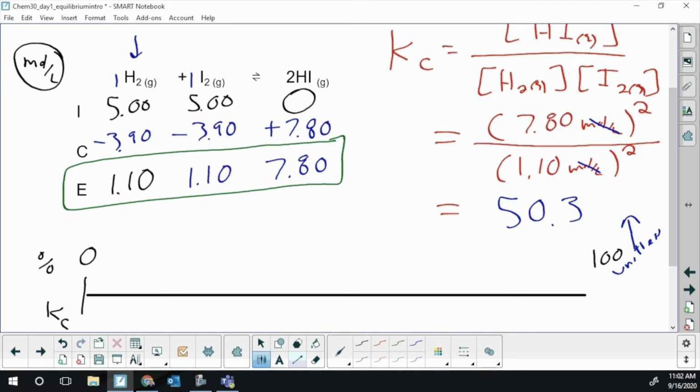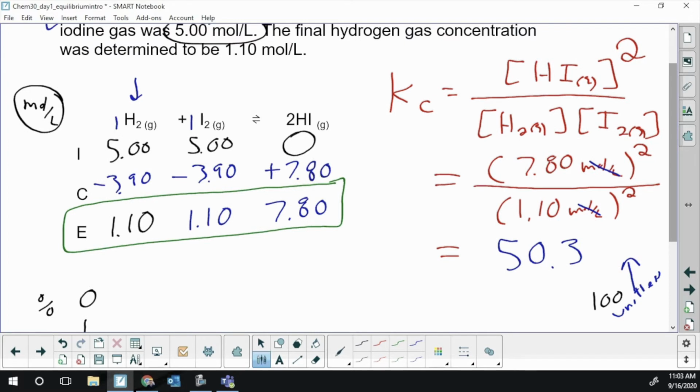Now I need you to do some mental math. What Kc value would you get? Look up here, what would happen if you had no products and all reactants? What would you get mathematically? Scroll back. What value would this have if there's no product? It'd be 0.